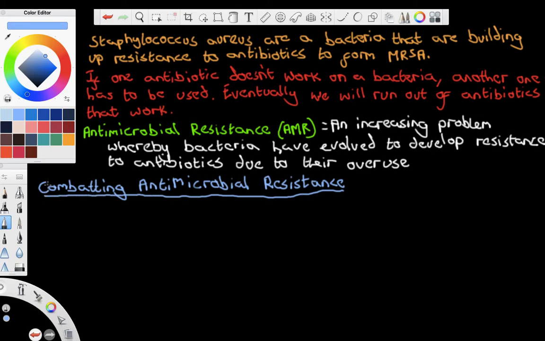Combating antimicrobial resistance. The first thing is taking the entire course of antibiotics prescribed.